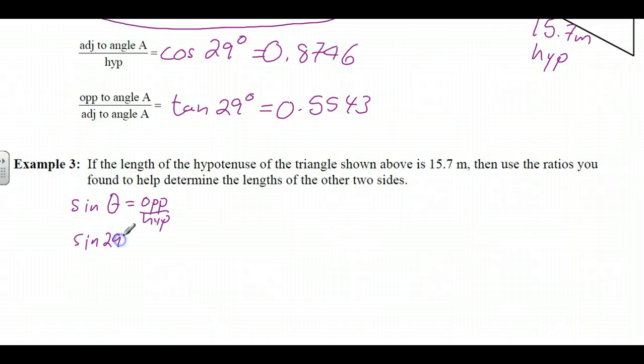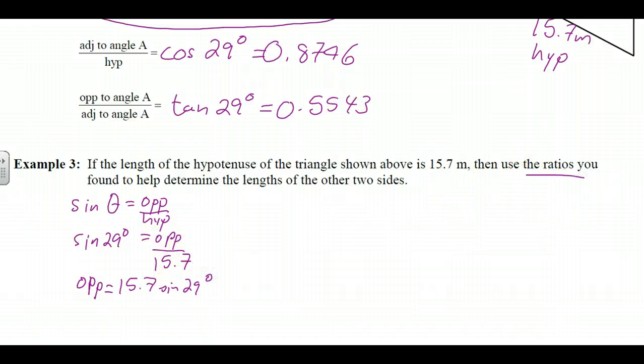Sine of 29 degrees is opposite, which we don't know, over hypotenuse, which is 15.7. So opposite is 15.7 times the sine of 29 degrees.